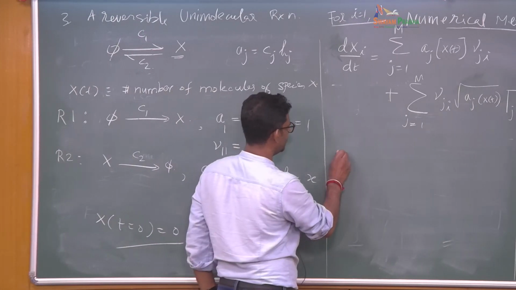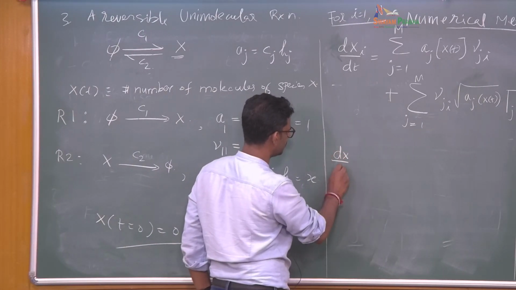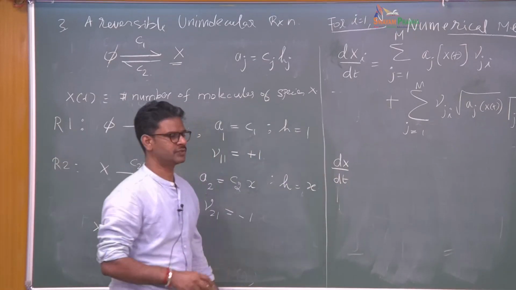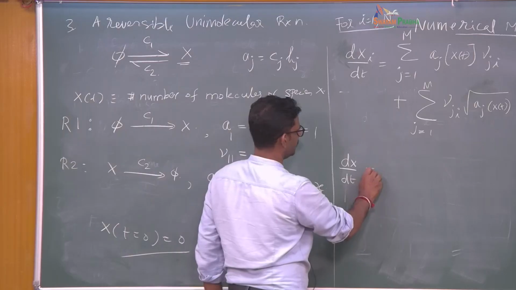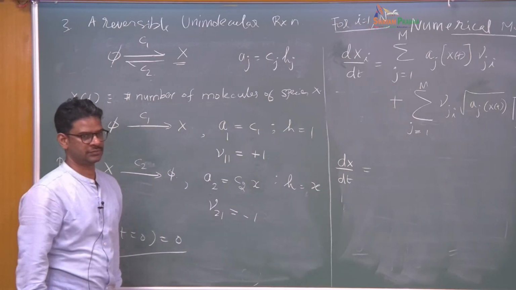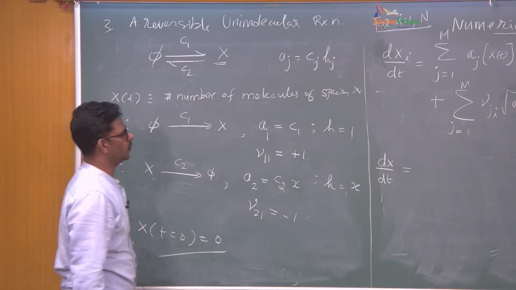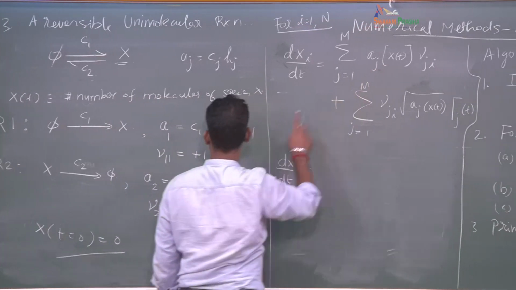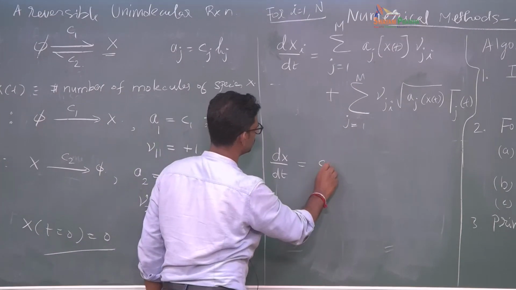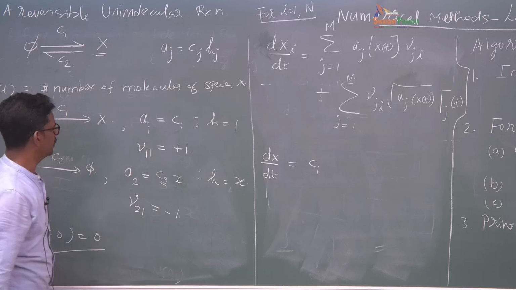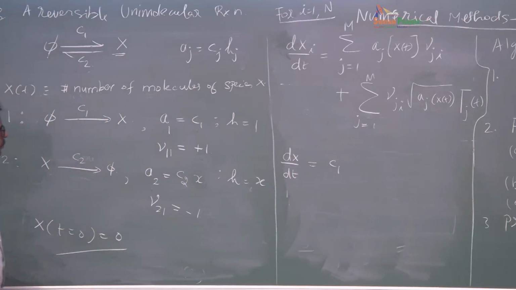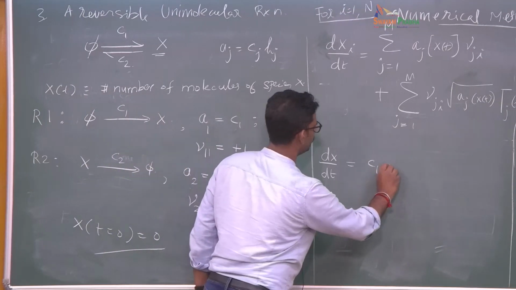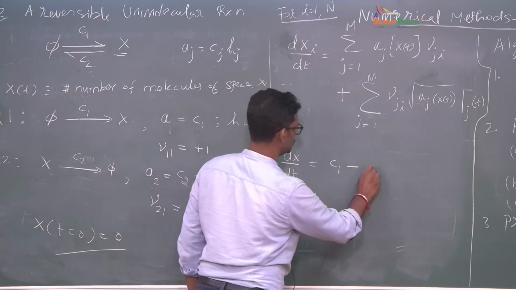So let's write that dx by dt. I'm not putting any suffix 1 here because there's only one species. Here j will go from 1 to 2. So when j equal to 1, a1 is c1 and nu 11 is plus 1, and when j equal to 2, we have minus 1 times c2x.